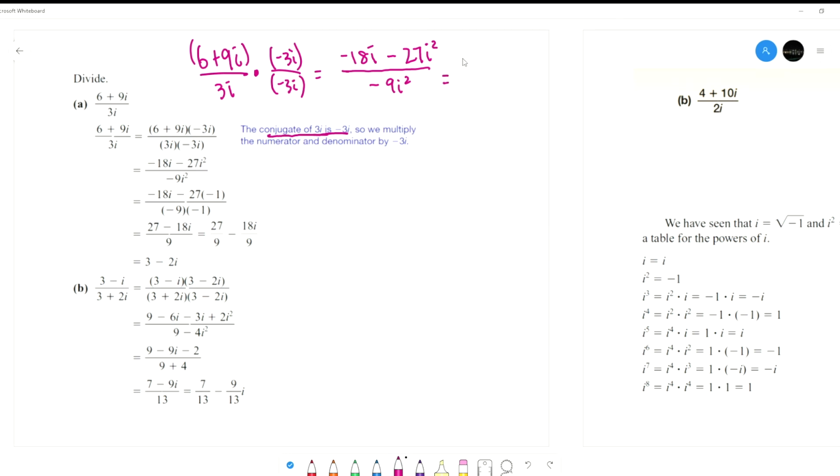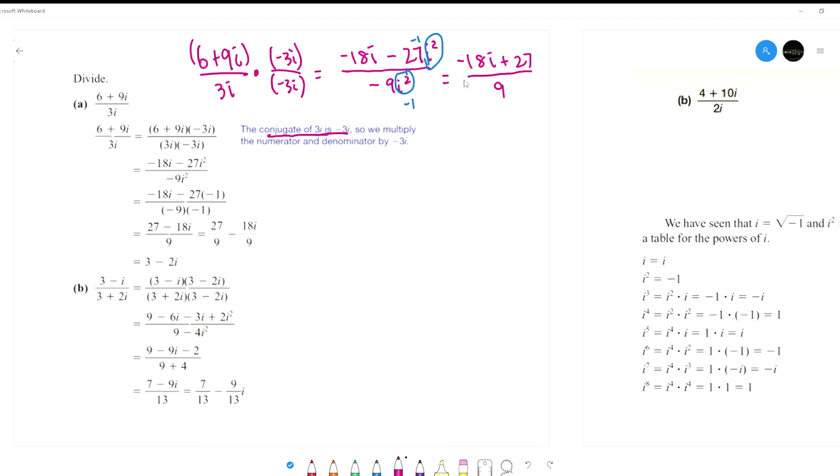So this becomes negative 18i plus 27 over positive 9. Does everyone get that part right here? This is negative 1, times negative 1. So negative 27 times negative 1 is positive 27. Negative 9 times negative 1 is positive 9.